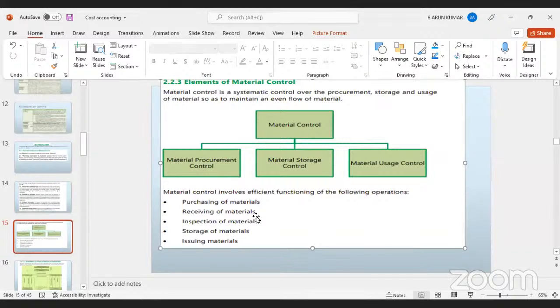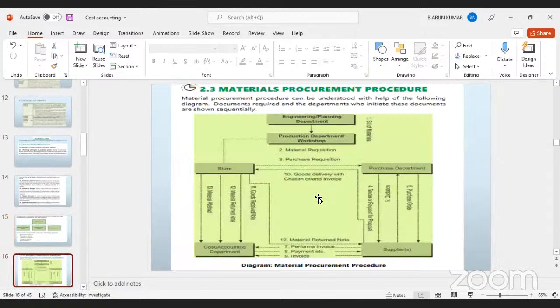Then after purchasing, we receive it. The third stage is inspection, where a group of people inspects the purchased materials. Then we store the materials in safe places. The final stage is issuing that material to the ultimate production process. This is the material procurement procedure.